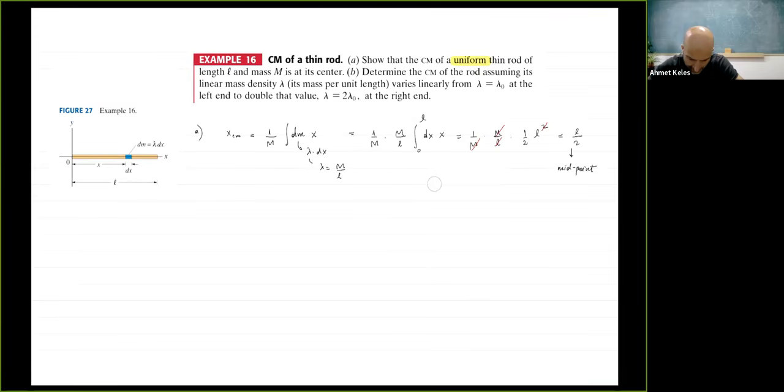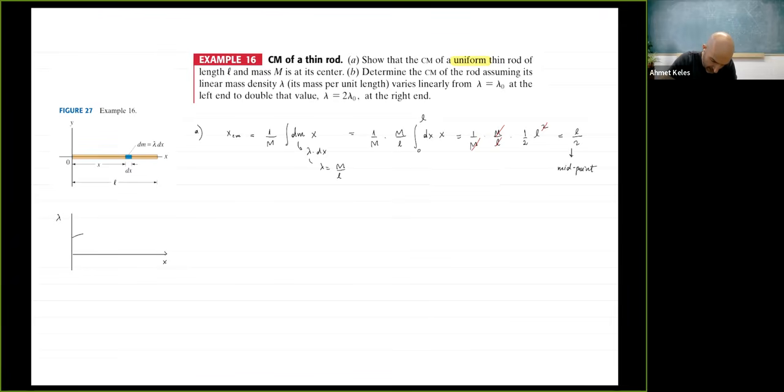And B, determine the center of mass of the rod, assuming its linear mass density lambda, its mass per unit length, varies linearly from lambda equal to lambda 0 at the left end to double the value, lambda equal to 2 lambda 0, at the right end. Okay. So if you plot something like that, density versus position, let's call this rho or maybe lambda because it's one-dimensional.